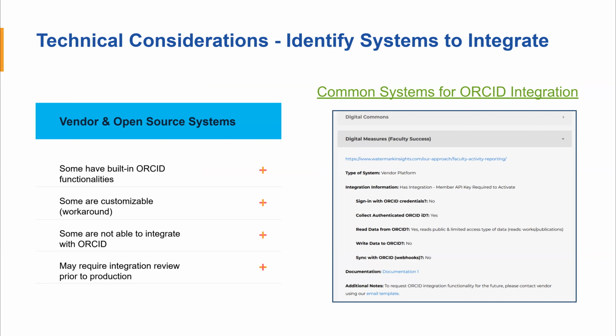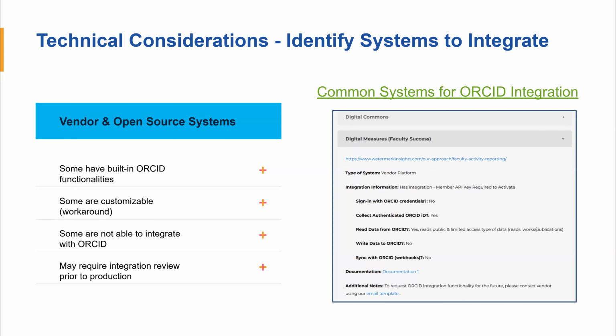All right, so first stop is looking at vendor or open source systems. You want to identify the systems that you have in your organization. It could be a grant funding system, or an electronic research administration system. Those are the kinds of things you want to take a look at. Some of the systems have built-in ORCID functionalities. Some you may have to do some custom work on, with a bit of a workaround. Unfortunately, others may not be able to integrate at all.